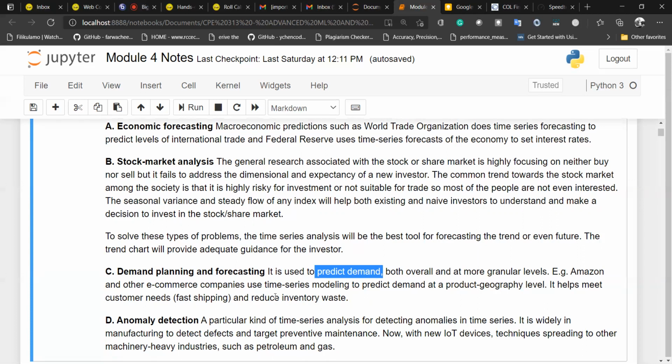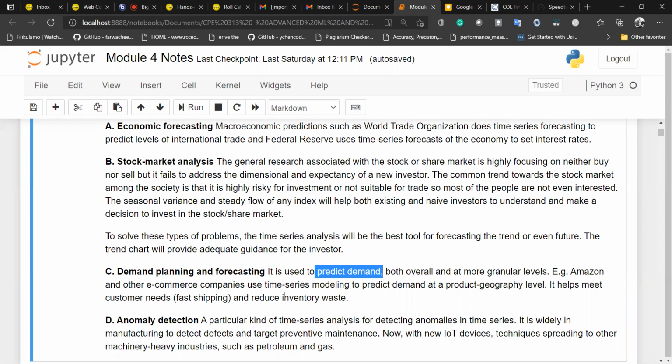They use demand forecasting to plan what their next steps should be. Do they need to build more nuclear power plants or renewable resources, something like that? So time series analysis is important to them because they can actually do those things, so that it can help them grow their economy better.